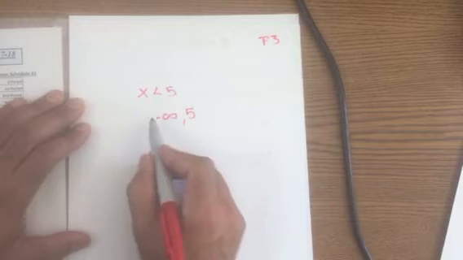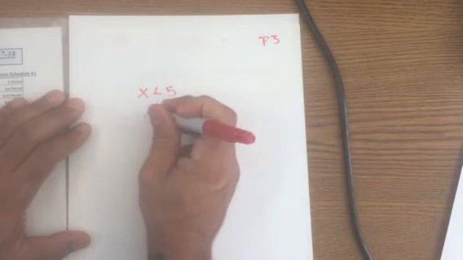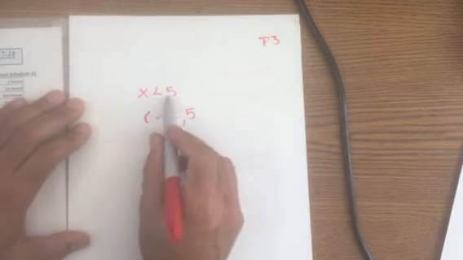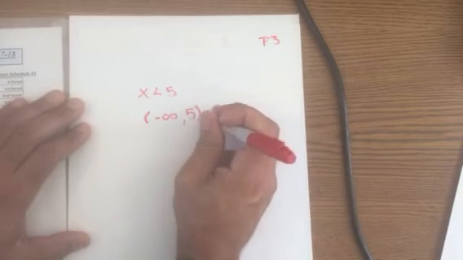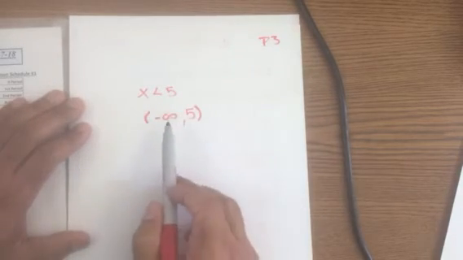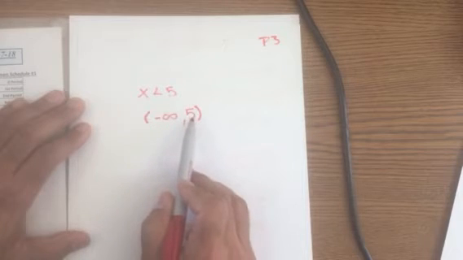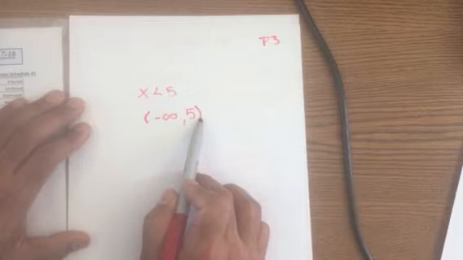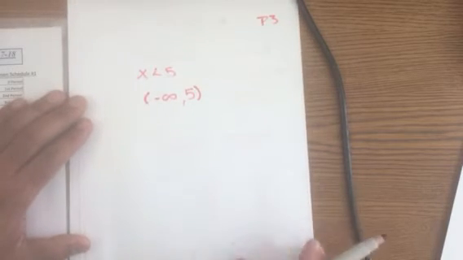All right? Again, negative infinity is a concept. It cannot be included, so it gets a parentheses. 5 is not included because it's not or equals to, so it also gets a parentheses. So I read this as every number from negative infinity to 5. Negative infinity is not included. 5 is not included. Okay?